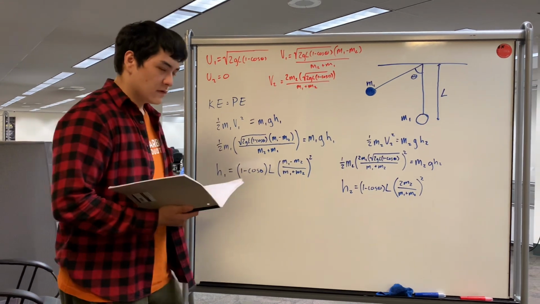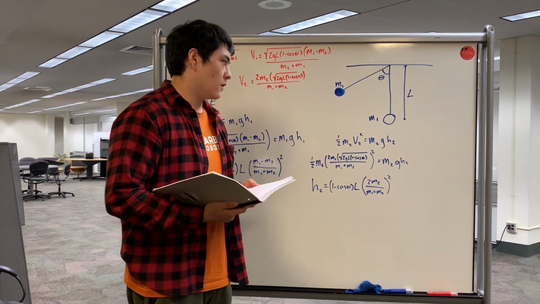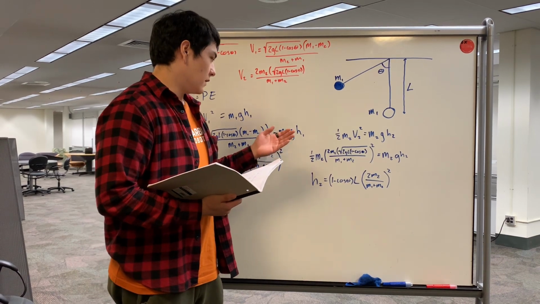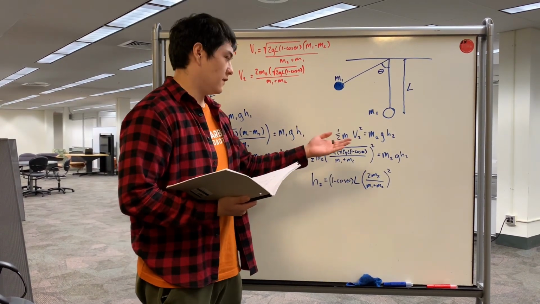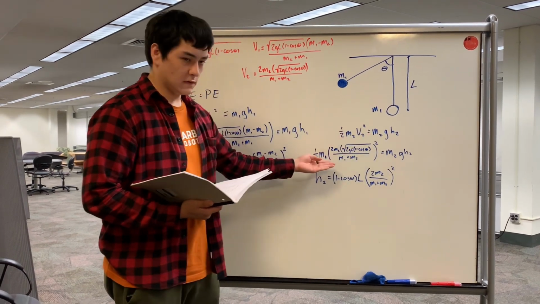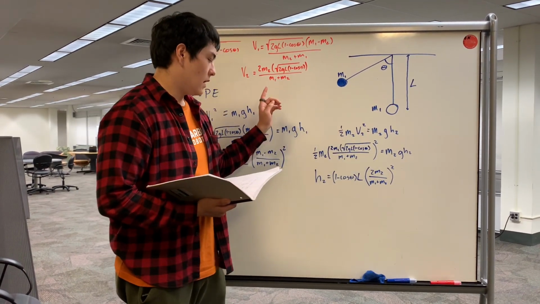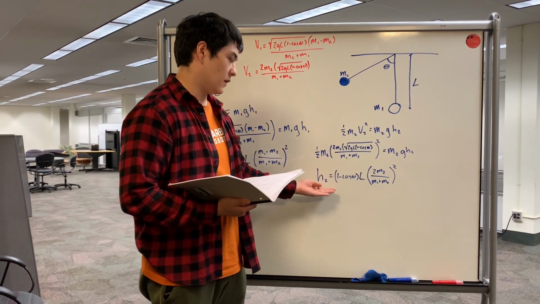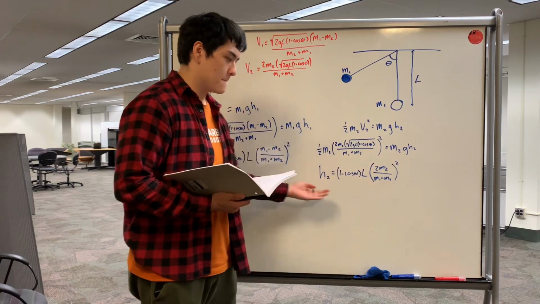Through the same process, we can do the same thing for ball 2. Same deal, kinetic energy is potential energy. Set up the equation here, substitute in our like terms, and simplify such that we have H2, the height of ball 2, is this equation here.